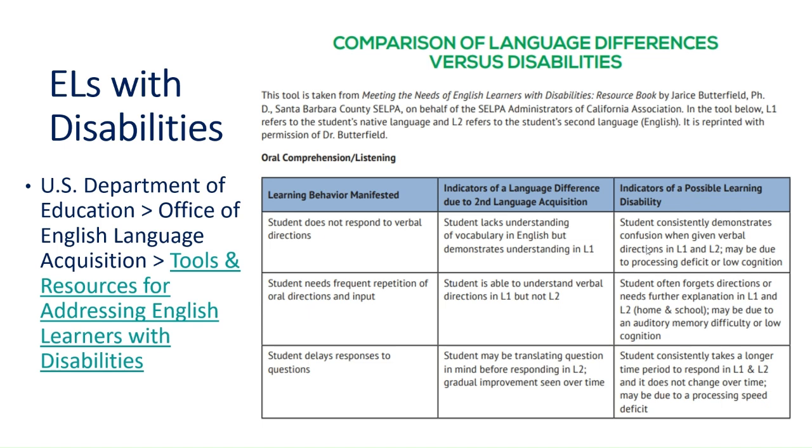Okay? It is also important to remember that some English learners may have limited literacy even in their home language. In those situations, use nonverbal support, like gestures, visuals, and modeling. These can help you better understand what the student knows.